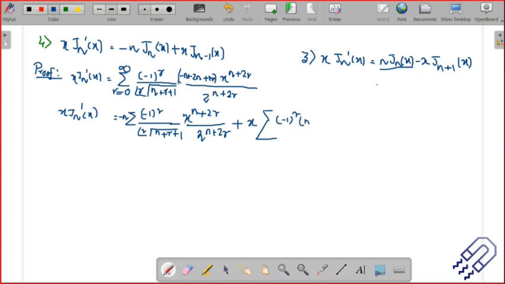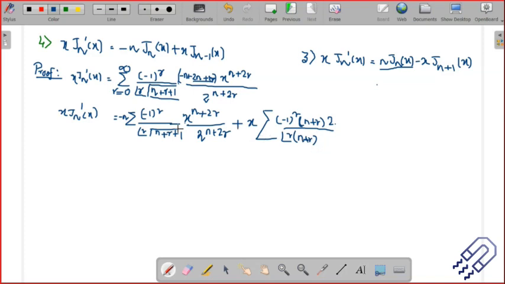So I can write it down as n plus r into 2. So this is there divided by factorial r, gamma n plus r plus 1 can be written as n plus r into gamma n plus r.